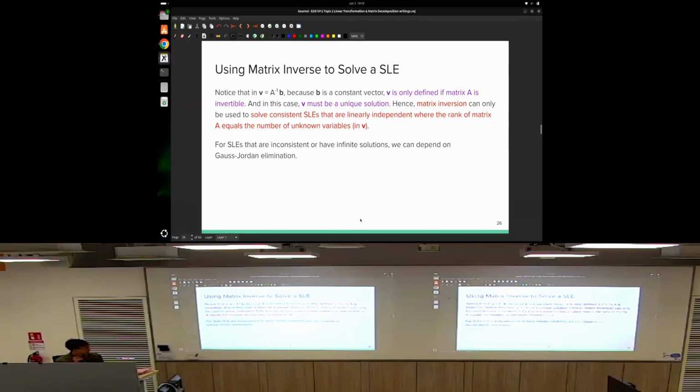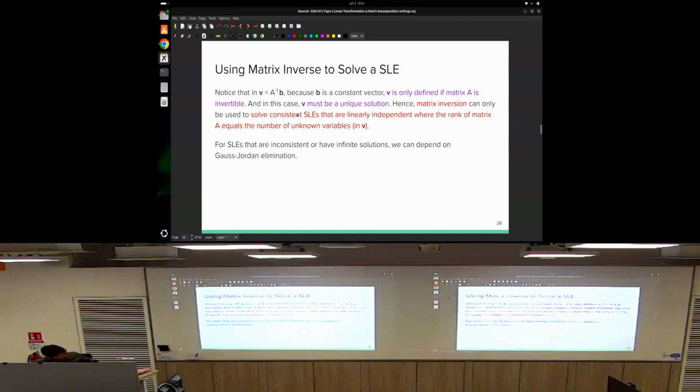But there is a constraint. This solution for the unknown vector v is only solvable if you have A inverse, meaning A must be invertible. If A is not invertible, then A inverse is not defined. If this is not defined, then v cannot be solved.